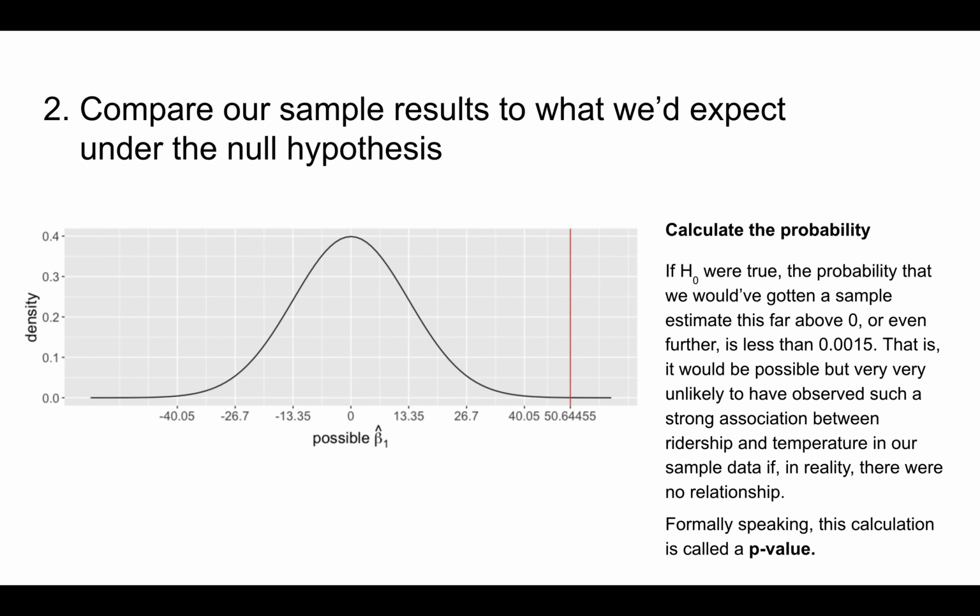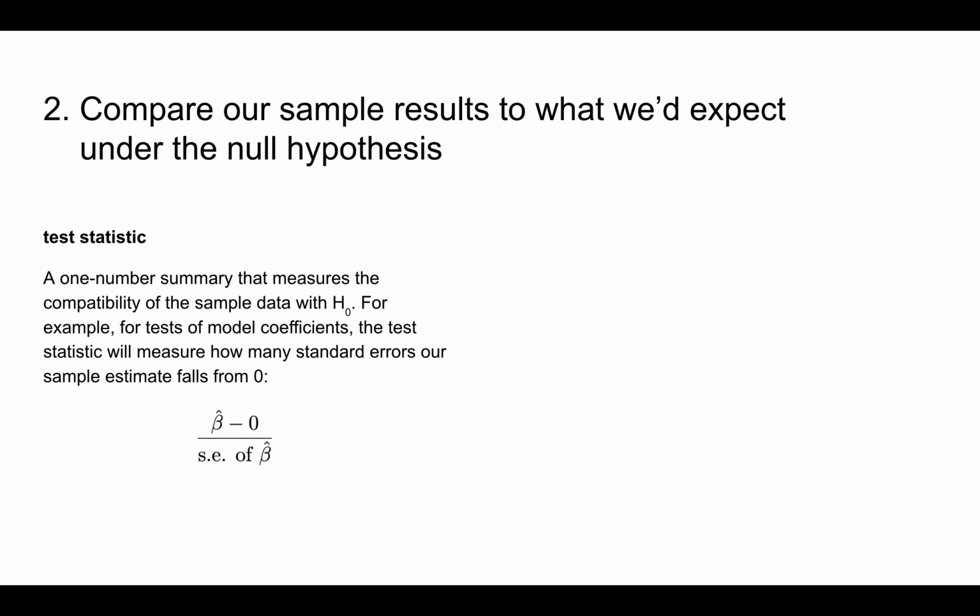Bringing this together, we've learned two approaches to measuring the compatibility of our sample results with the null hypothesis. In general, a test statistic is a one-number summary that measures the compatibility of our sample data with the null hypothesis. For example, for tests of model coefficients, as in our bike ridership example, the test statistic will measure how many standard errors our estimate falls from 0.